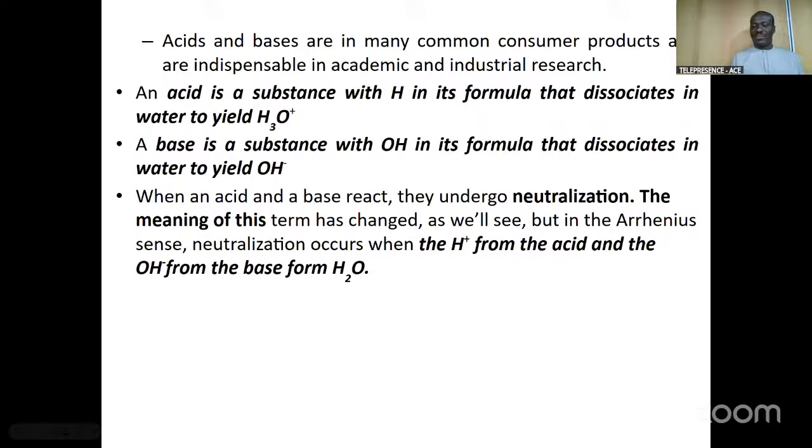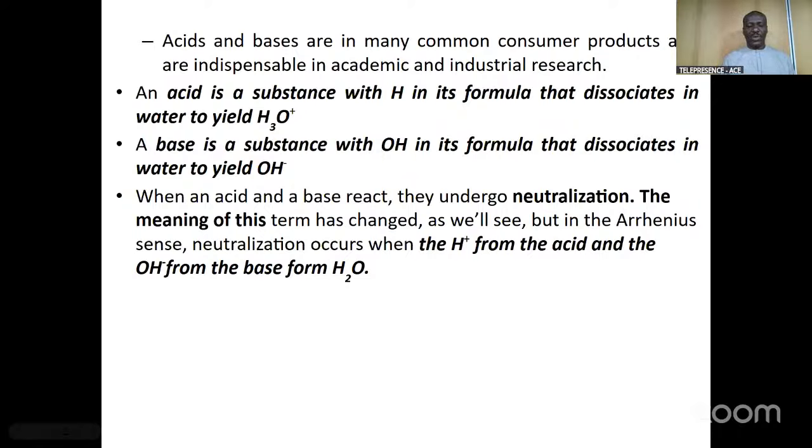That is, an acid is any substance which, when dissolved in solution, produces hydrogen ion as the only positive ion. Similarly, a base is a substance with OH in its formula, and when it dissociates in water, it produces hydroxide ion.